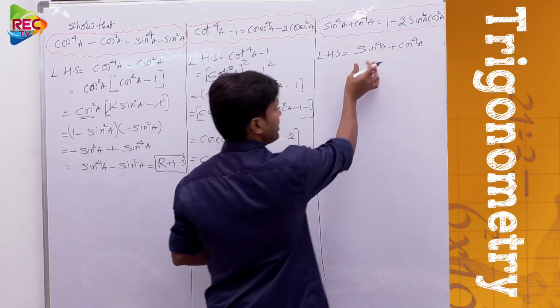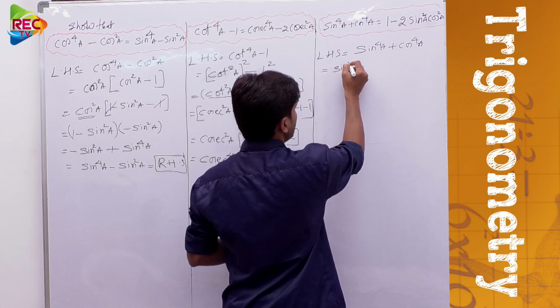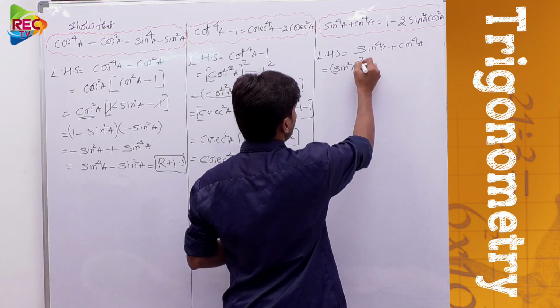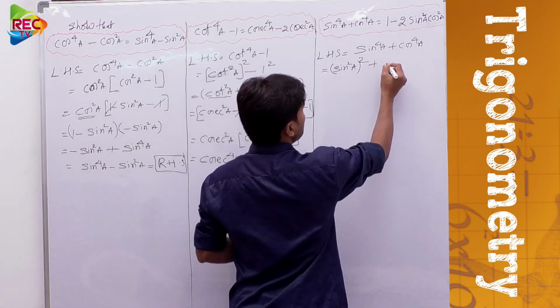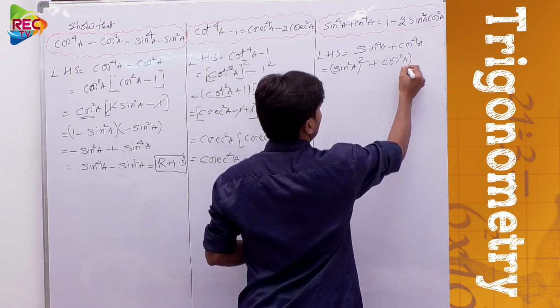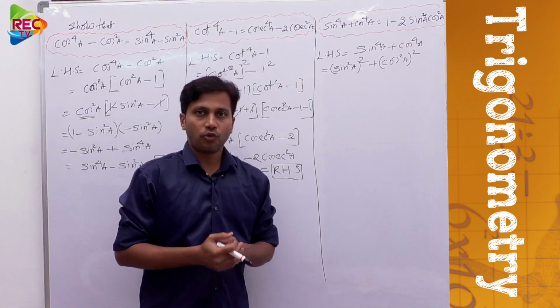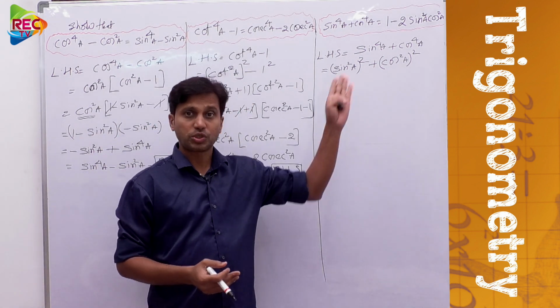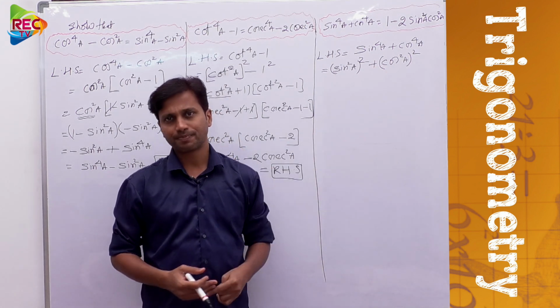See, sin power 4a can be written as what? Sin square a whole square, and here plus cos square a whole square. Means sin power 4a can be written as sin square a whole square, and cos power 4a can be written as cos square a whole square.